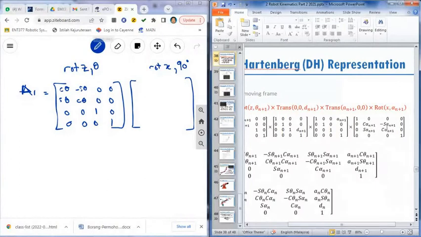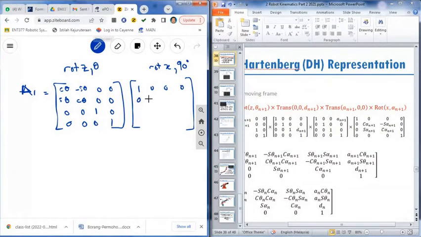So this is the rotation matrix for X. So 1, 0, 0, 0, 0, cos alpha, negative sin alpha, 0, 0, sin alpha, cos alpha, 0, 0, 0, 0, 1.